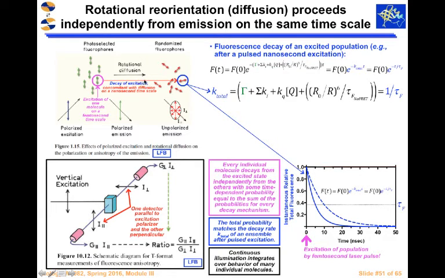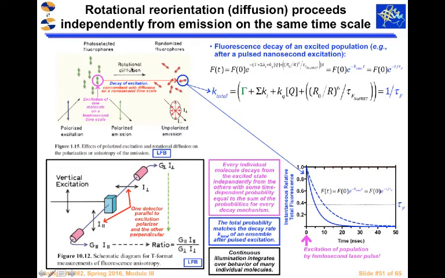While those decay processes are going on, the molecule is rotating. It's undergoing rotational diffusion, and so that is a probabilistic or stochastic process. Not every molecule will rotate exactly in the same way. It's essentially a diffusional process. You will have different molecules rotating differently. But something called the rotational correlation time quantifies the net rate of loss of the rotational orientation.